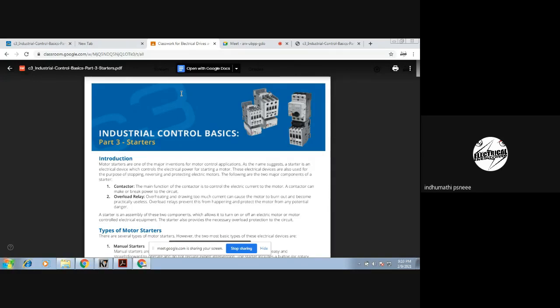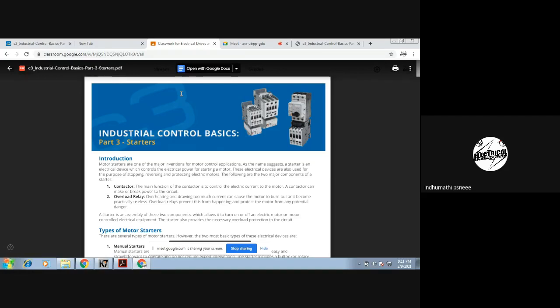And then the no load relay. The no load relay is similar to the overload relay, but the overload relay responds to heavy current, whereas the no load relay responds to no current. That is the meaning. So in case of no current or no voltage, in a sudden power cut, the motor automatically goes to the off position.